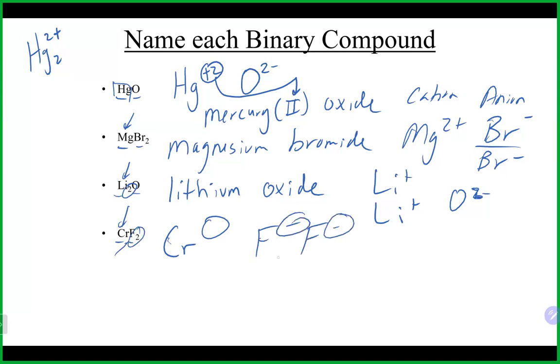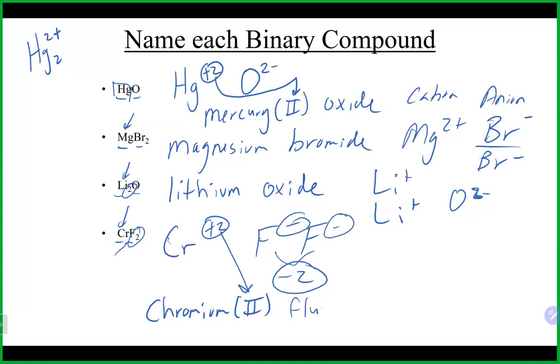So -1 twice is a -2, telling us that in this case the chromium has to be +2 to balance it out to 0. That gives us our name of chromium Roman numeral 2 for the charge. And even though we do have 2 of those, we don't use any prefix.